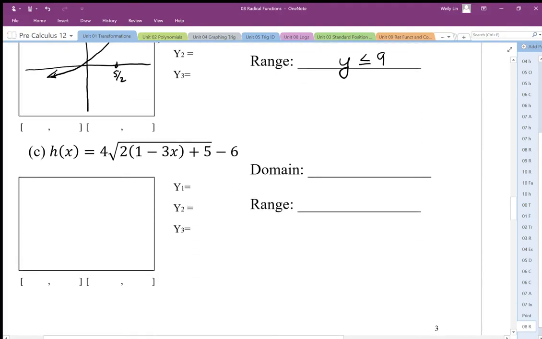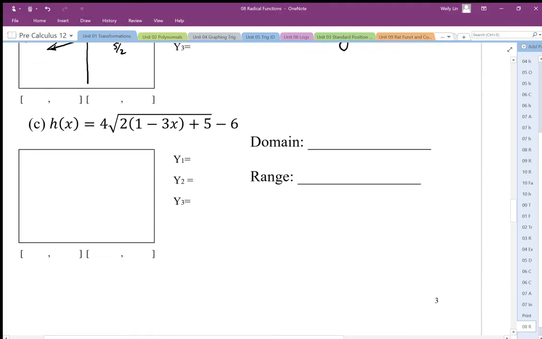So this one here, we can do from a transformation perspective. We'll do the range first, because range tends to be a little bit easier. So we know that it's been expanded by 4, so that's not going to affect our range. But the shift down 6 is going to affect the range. It's going in the upward direction, so we want y to be bigger than that boundary of negative 6.